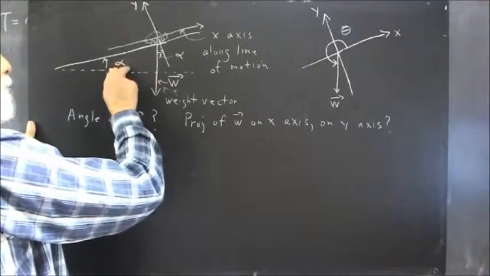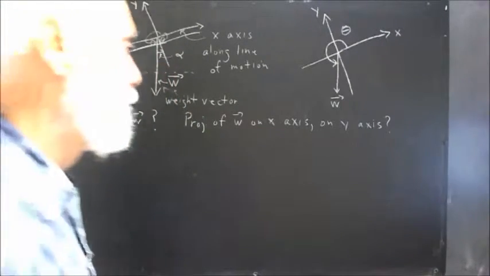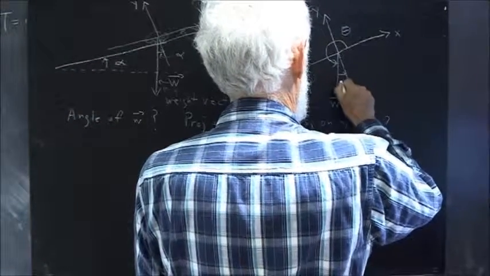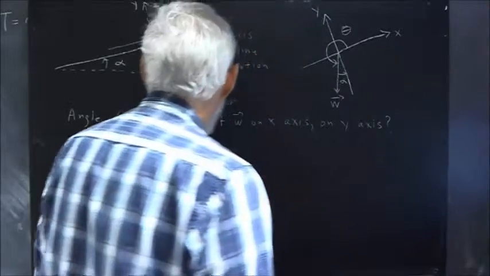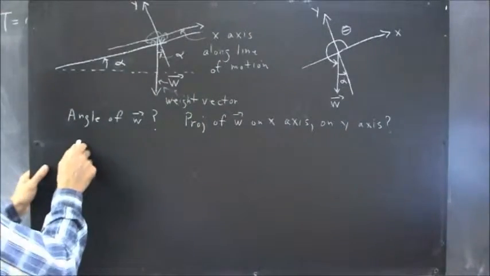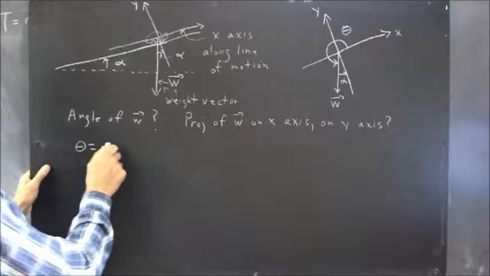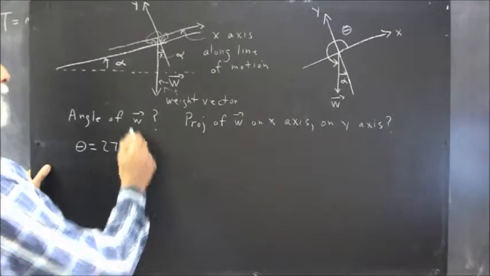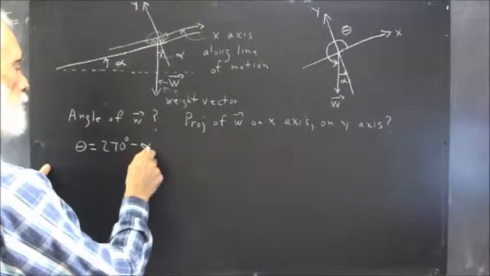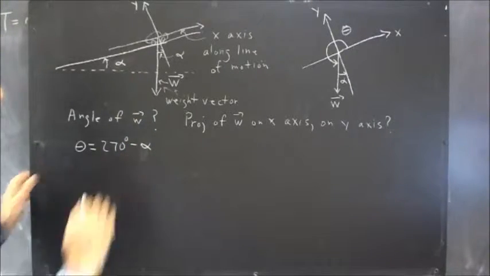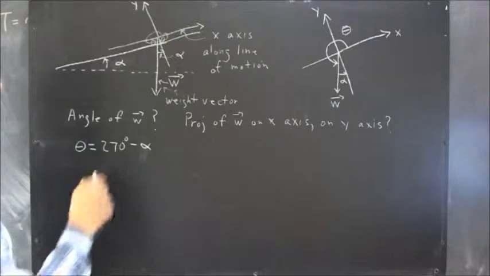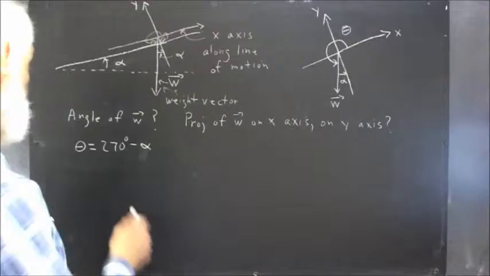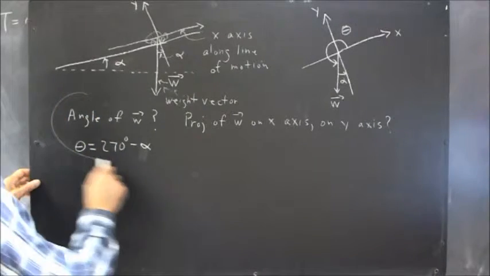So we have the angle alpha here, we have the angle alpha here, and of course that means we have it here, which means that theta is 270 degrees minus alpha. Again, the intended audience should have no trouble filling in the blanks here, but if you do have a question, it's a great question to ask using the question form. So there's the angle of W.